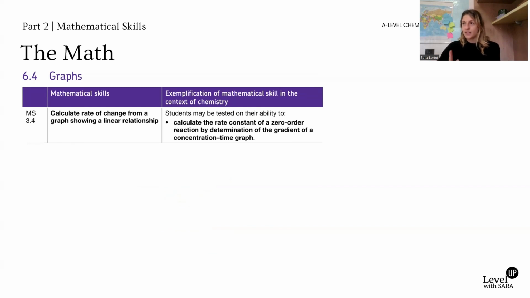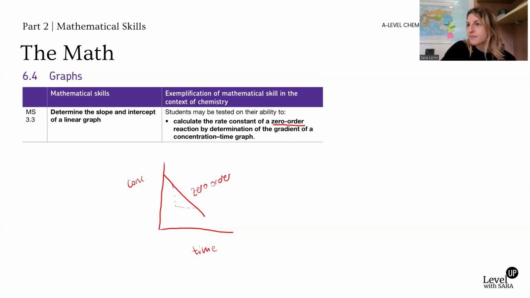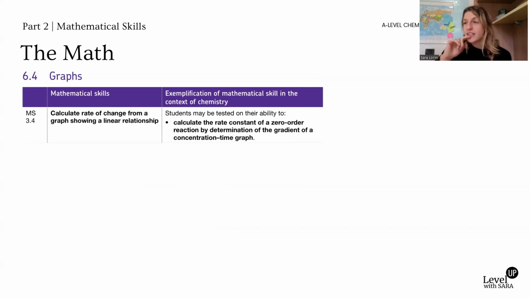So calculate the rate, noting that it is the slope or intercept, the rate of change from a graph showing a linear relationship. Rate constant. Okay, so if you have a zero order reaction, let's think about what that means.